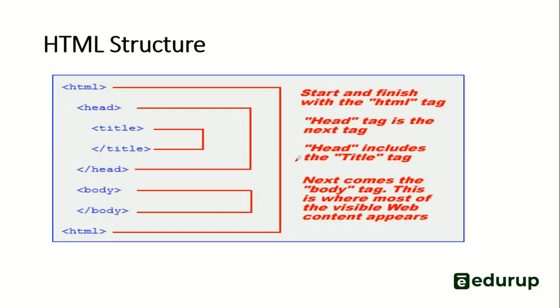See, HTML starts and ends with the HTML tag, and inside the head we have the title tag, and next we have the body tag. In the body tag is where most of the visible web content appears. The content part we write in the body tag itself.